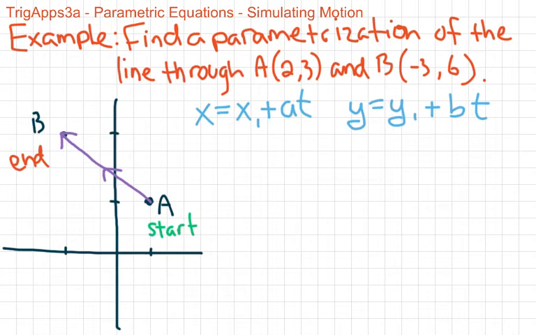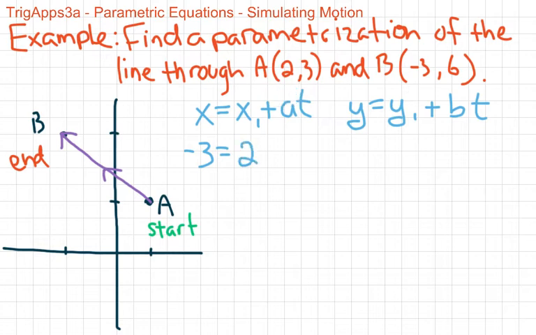Alright, so now what we'll do is we'll take that x1 and y1, which is basically the point A, and plug that in. And at the same time, we're going to put the ending point as well. So the ending point for x is -3. And the starting point for x is +2.